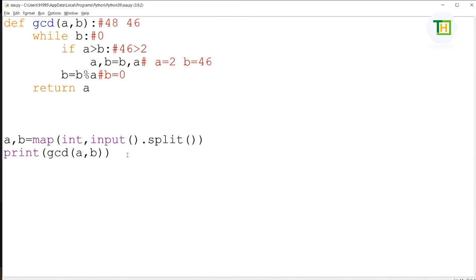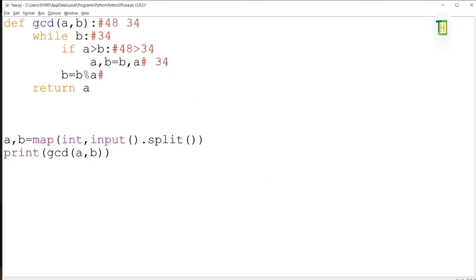How is it printing? For example, if it is 34, I'm going to write 34 here, then you will understand more clearly. If it is 34, here B value is 34 and coming to this position, 48 is greater than 34. Is it true or not? Yes, true.